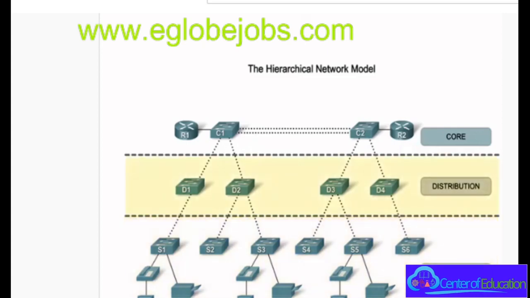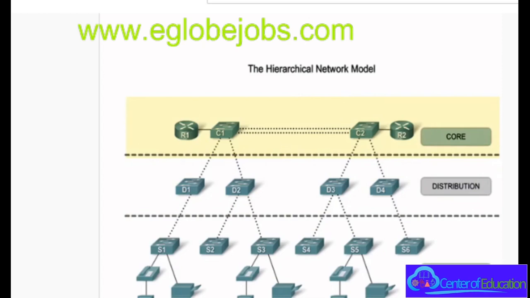The distribution layer serves as a consolidation point for access layer switches. When multiple IDFs are located throughout a building, uplinks from each of those switches terminate at a distribution layer switch. The distribution layer is responsible for policy enforcement and inter-VLAN routing. Finally, the core layer acts as the consolidation point for distribution layer devices and a high-speed redundant network backbone.